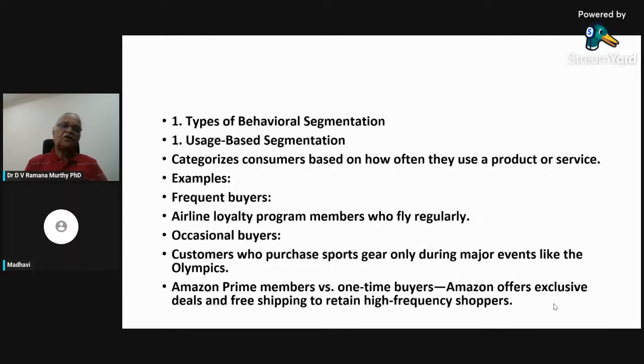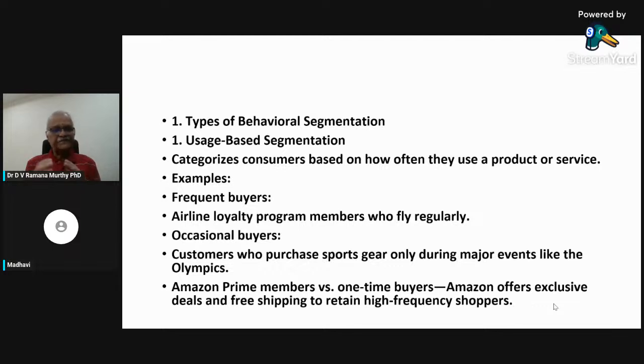Let us examine how we are going to classify behavior segmentation types. It can be a soap, or it can be a car, or whatever may be the product or service. One is usage based segmentation, meaning you categorize consumers based on how often they use a product or service.